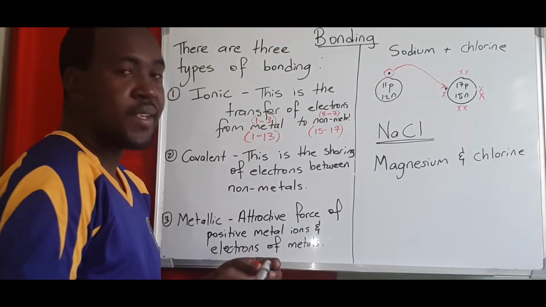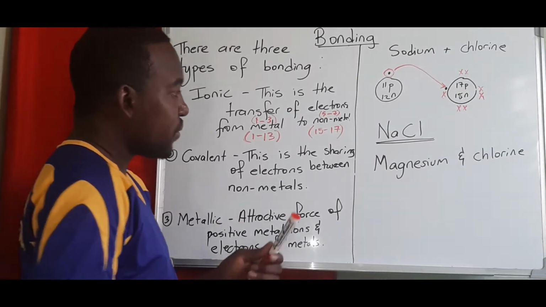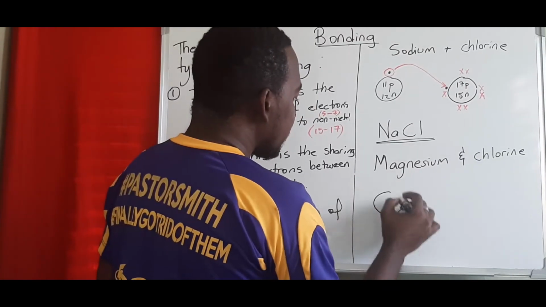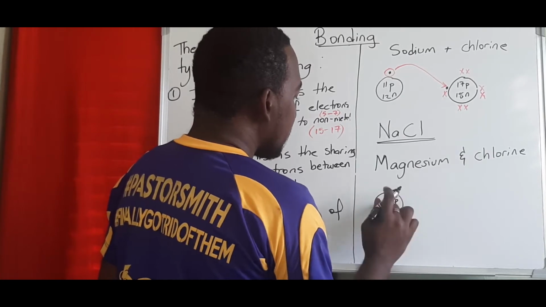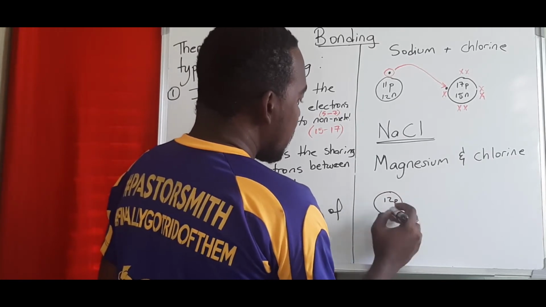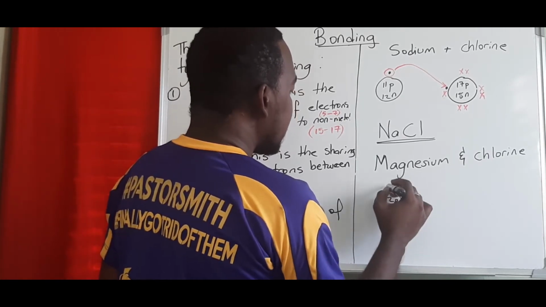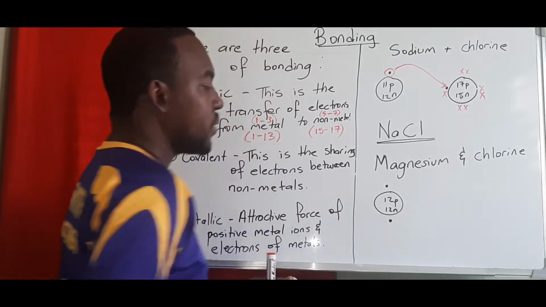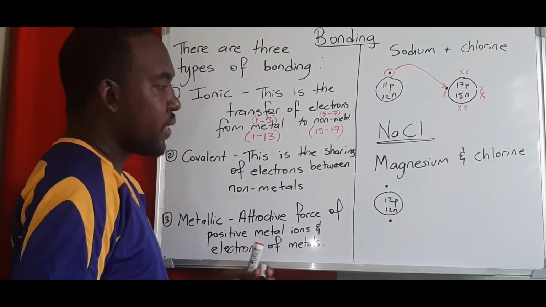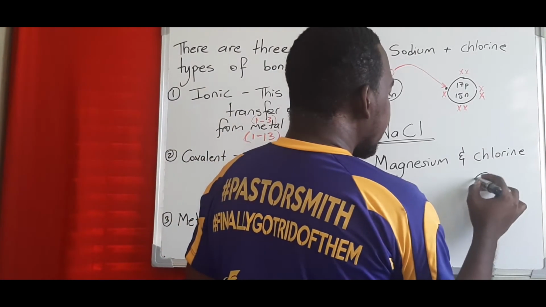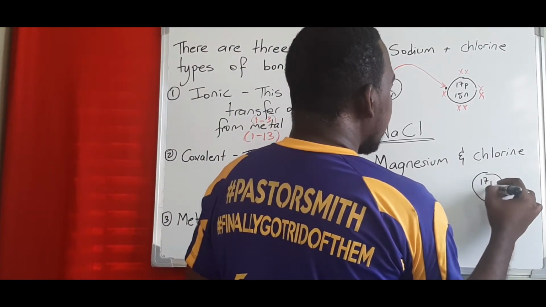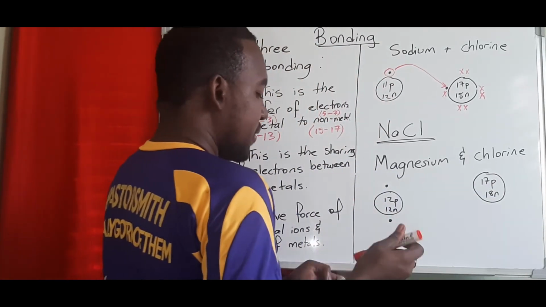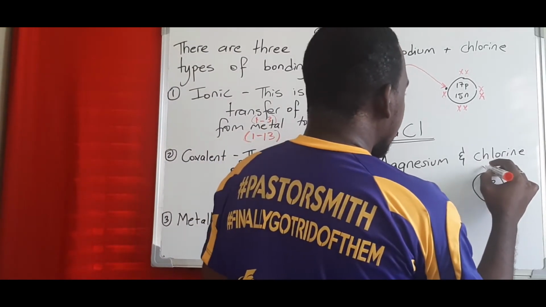We know magnesium has 12 protons and 12 neutrons, and magnesium has 2 on the outer shell. And we know chlorine has 17 protons and 18 neutrons, and it has 7 on its outer shell.